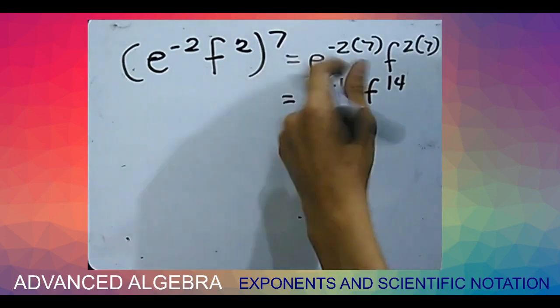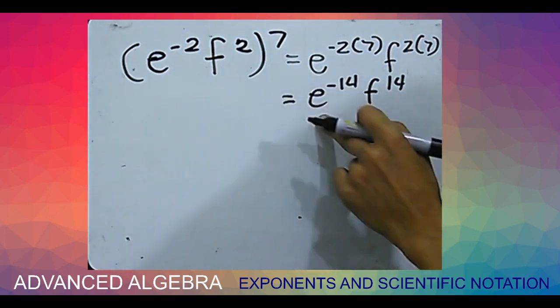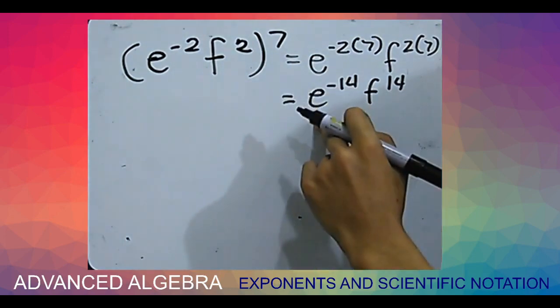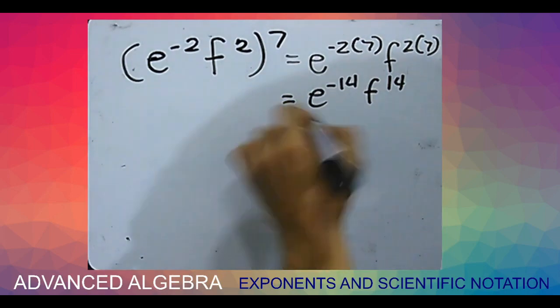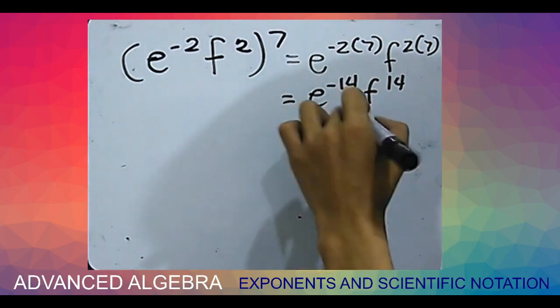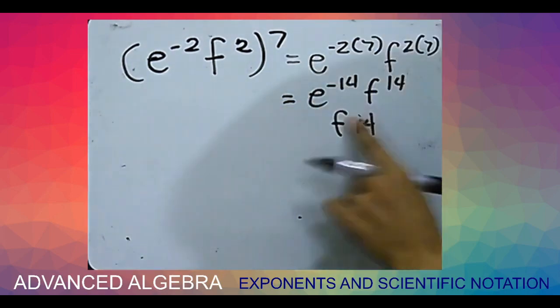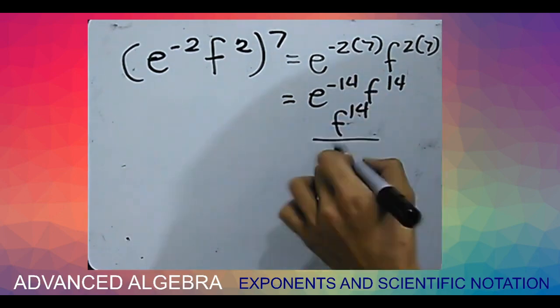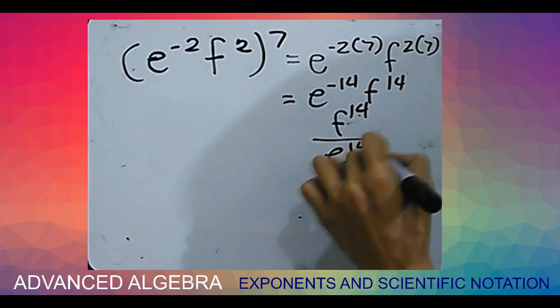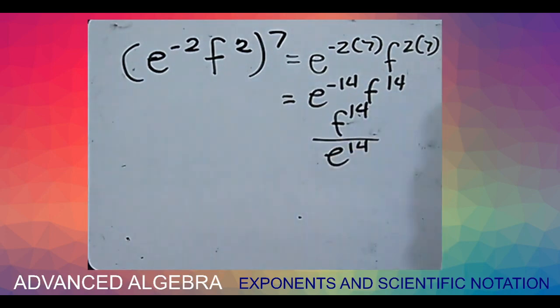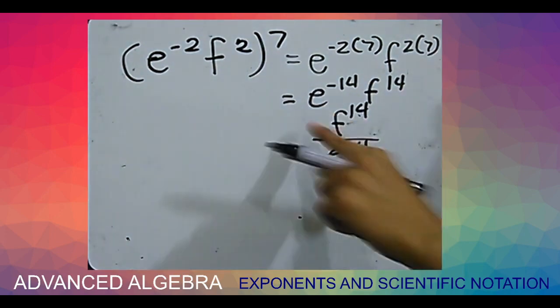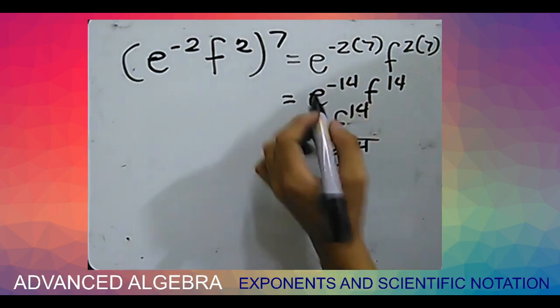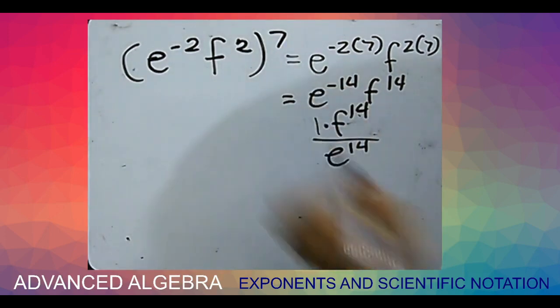Next. So, apply natin dito si, ano nga yun? Negative rule of exponent. Tama? So, magiging f to the 14 power over e to the 14. Sir, bakit nawala yung 1? So, di ba kapag multiply natin, ang mangyari niyan is 1 times f.